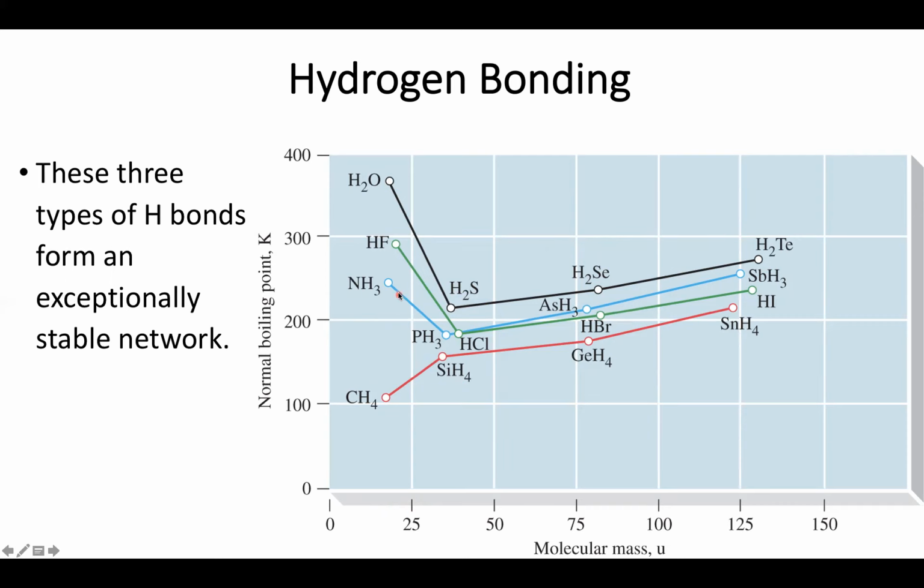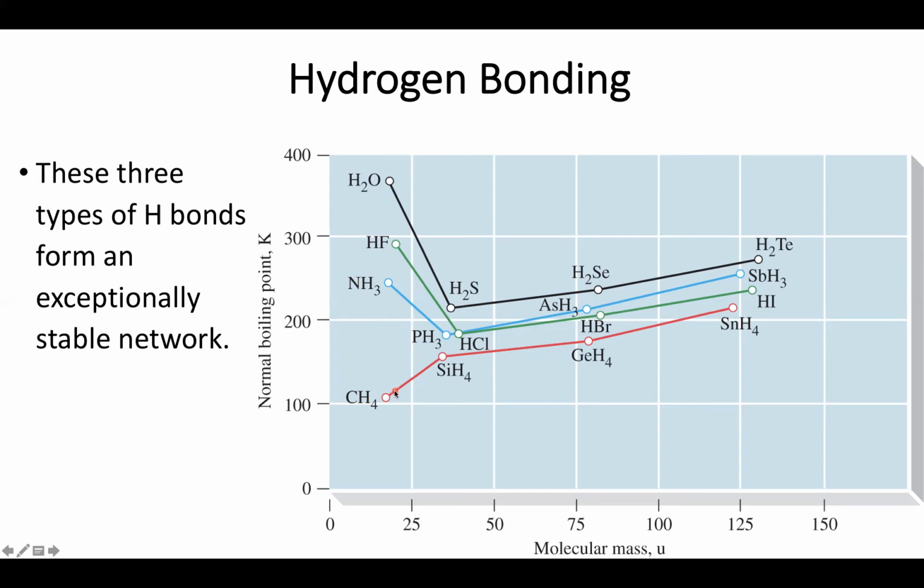However, take a look at this first group, because oxygen, fluorine, and nitrogen are so much more electronegative than everybody else. They kind of break the trend, and they are way higher boiling point liquids than you'd expect just from basic dipole interactions. So really emphasizing the stability of these hydrogen bonds.